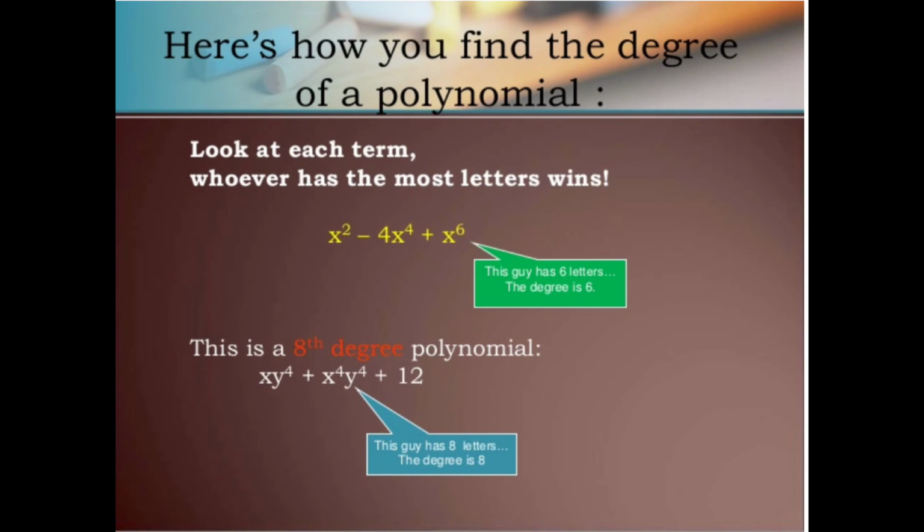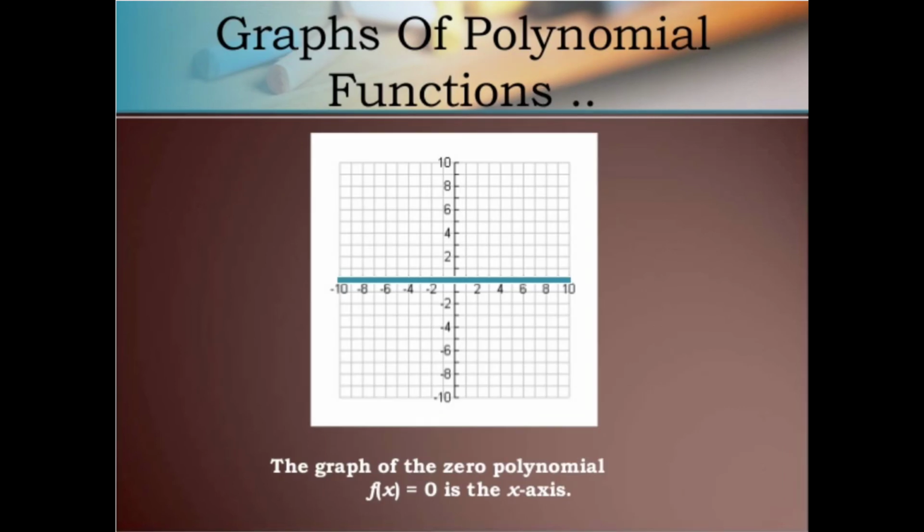Here's how you find the degree of a polynomial. Look at each term. Whoever has the most letters wins. So as you can see, the x to the power of 6 is the degree of the polynomial, same as this one. Graph of polynomial functions.